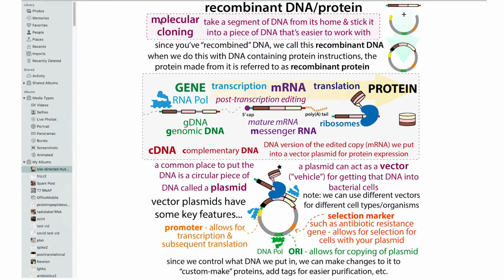In recombinant expression, we put the DNA version of the mRNA into the cells, and then the cells make mRNA from it, and then make protein from it. We call it recombinant because we're recombining the genetic instructions for the protein into a piece of DNA, a vector that serves as a vehicle for putting it into cells.